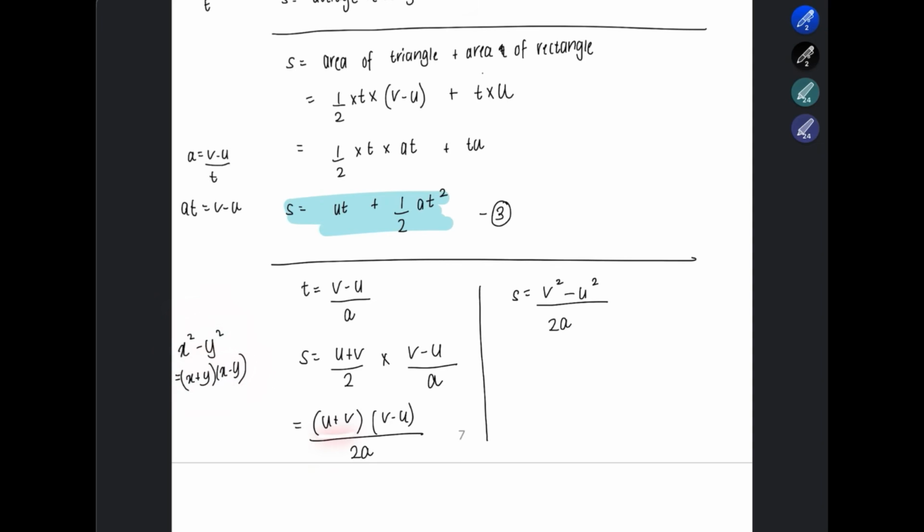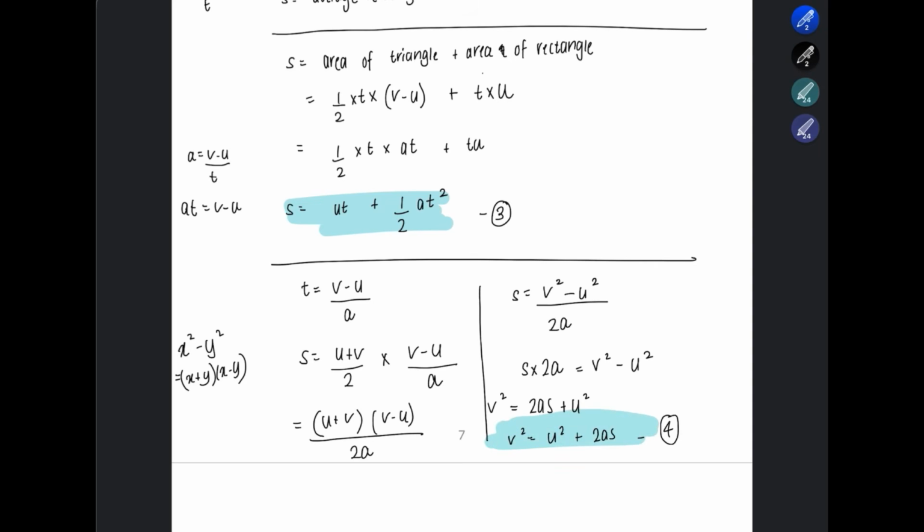So now I will move this u on the other side: 2as plus u square equals v square. So v square equals u square plus 2as. This is equation number 4, and we have derived it as well.